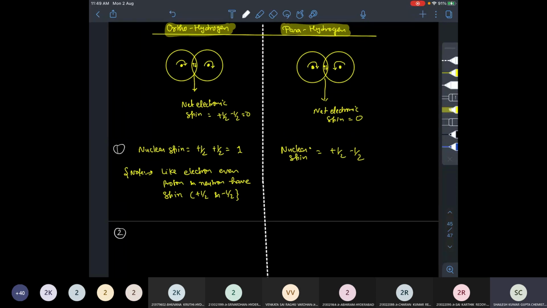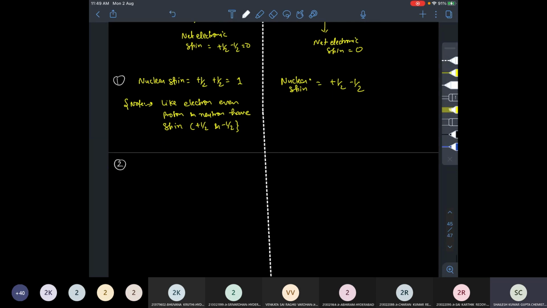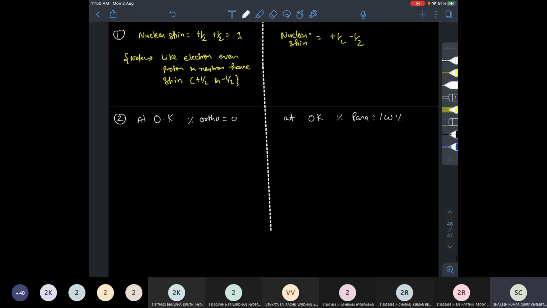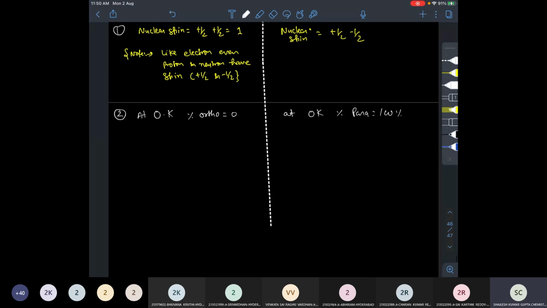Number 2, the difference is at 0 Kelvin, guys, the percentage of ortho in nature will be 0. At 0 Kelvin, obviously the percentage of para will be 100%. This is also really interesting. If you reach close to 0, the ortho form will decrease and ultimately attain 0.